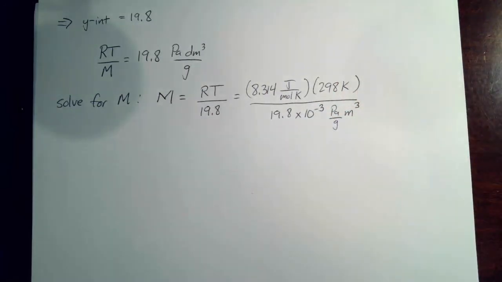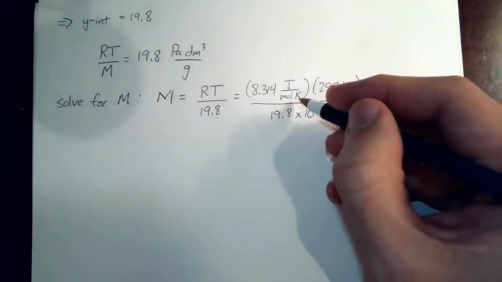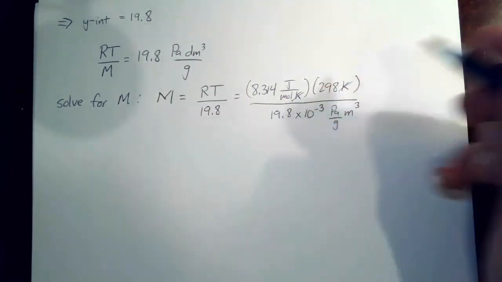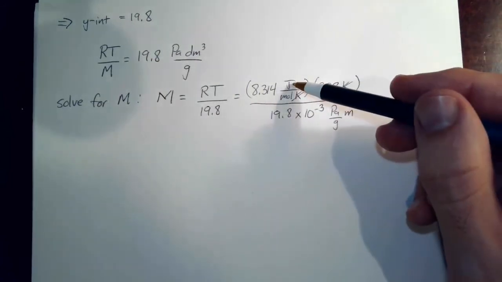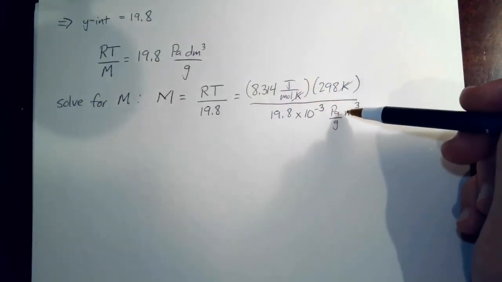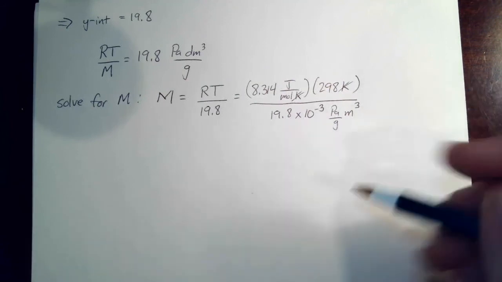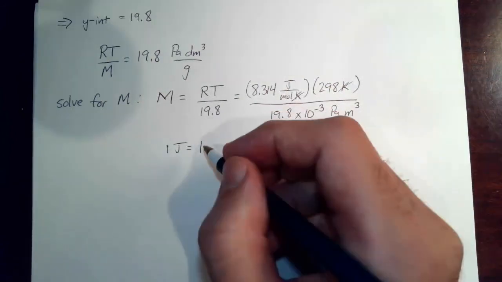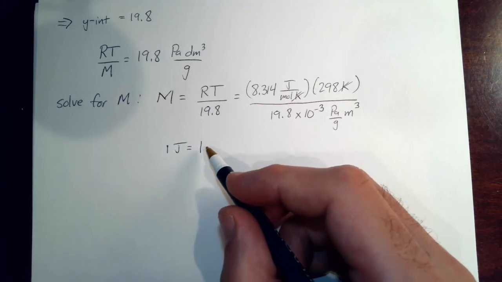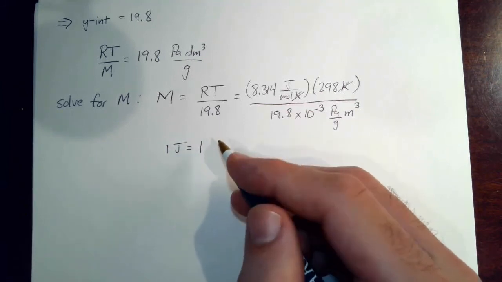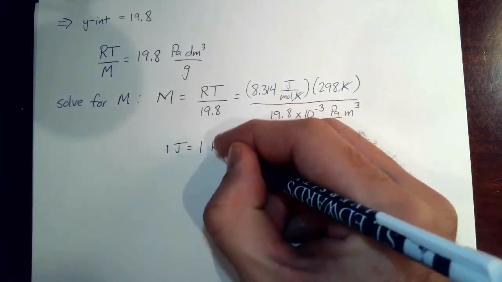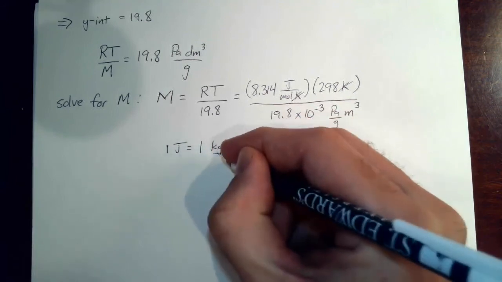Okay, and so now let's work out these units. So first and most obviously, the Kelvin cancel. And here I've got joules in the numerator and I have pascals in the denominator. Let's take a look at that. So 1 joule is equal to a Newton times a meter. A Newton is a kilogram meter per second squared. So 1 joule is a kilogram meter squared per second squared.